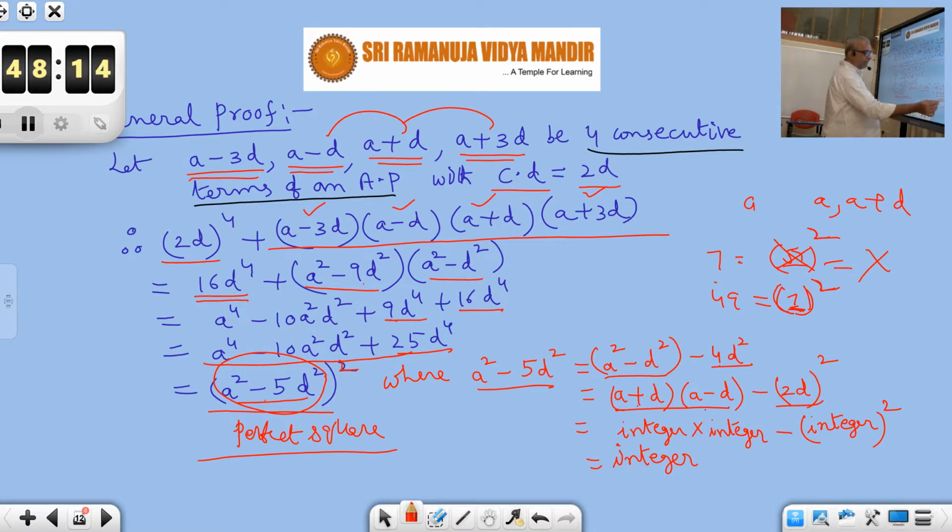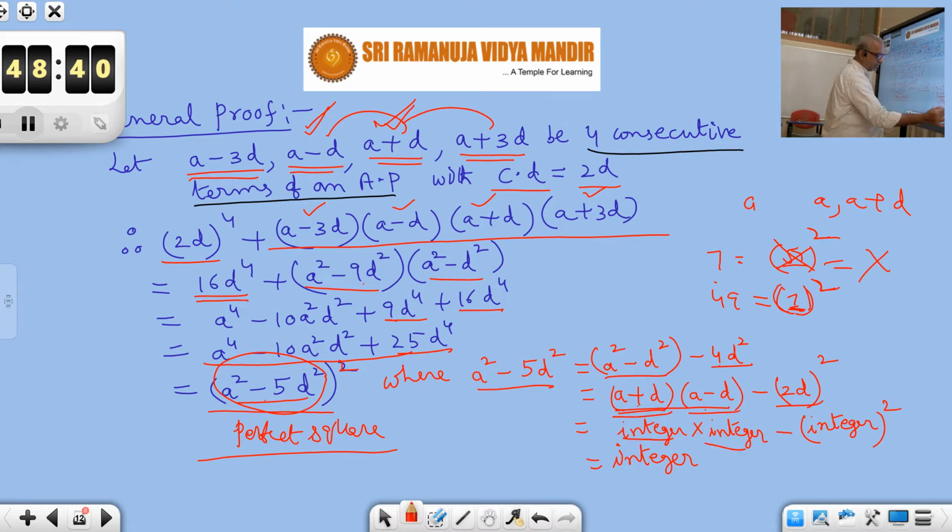But what are A plus D and A minus D? You see that they are 2 terms of the AP. And in the problem he has clearly mentioned that it is an AP with integer entries. That means all the terms are integers. That means A minus D and A plus D both are integers.